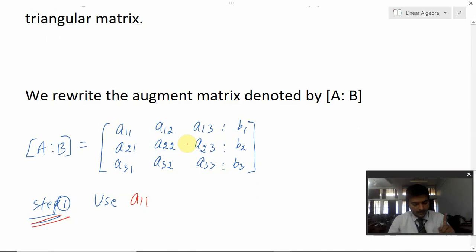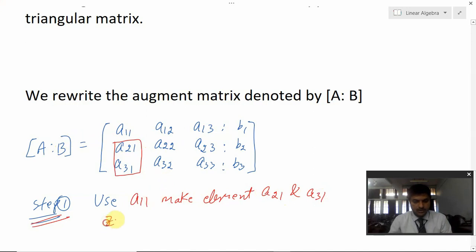With the help of A11, make the elements A21 and A31, these two values, 0.